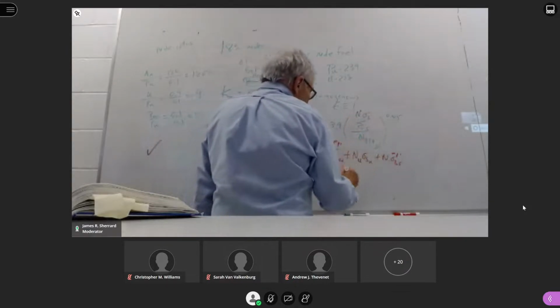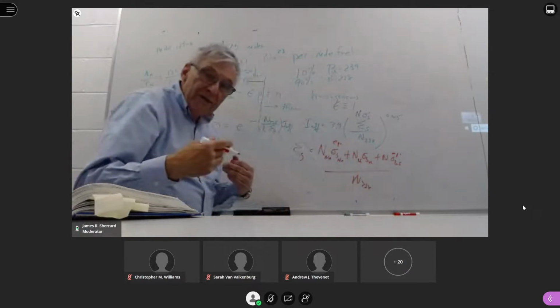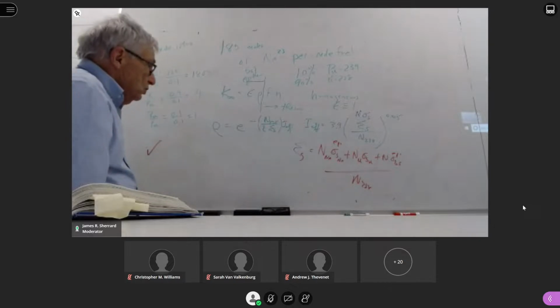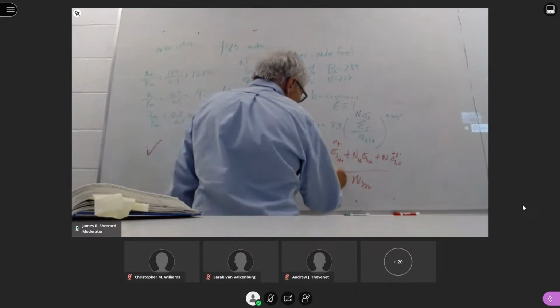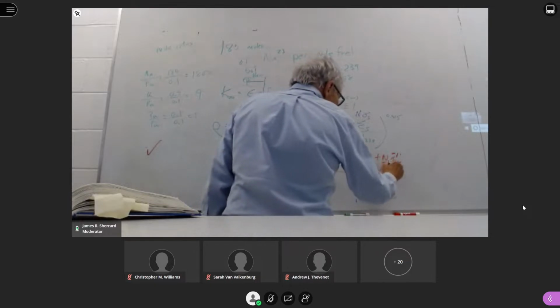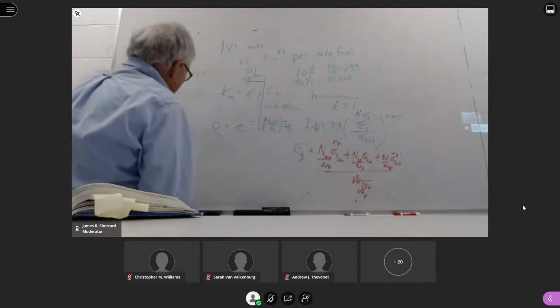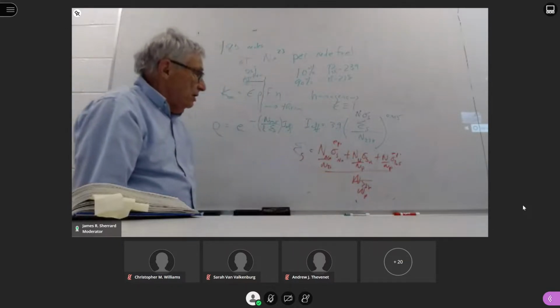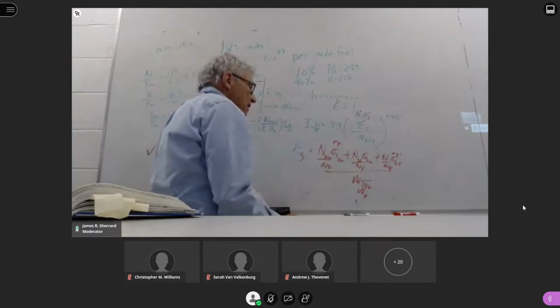We know we're going to have this divided by this, but we don't have number densities. We do have mole ratios. So if I go back here and divide everything by N plutonium, N plutonium, N plutonium, N plutonium, we have these values we can substitute in here. We can come up with this value.